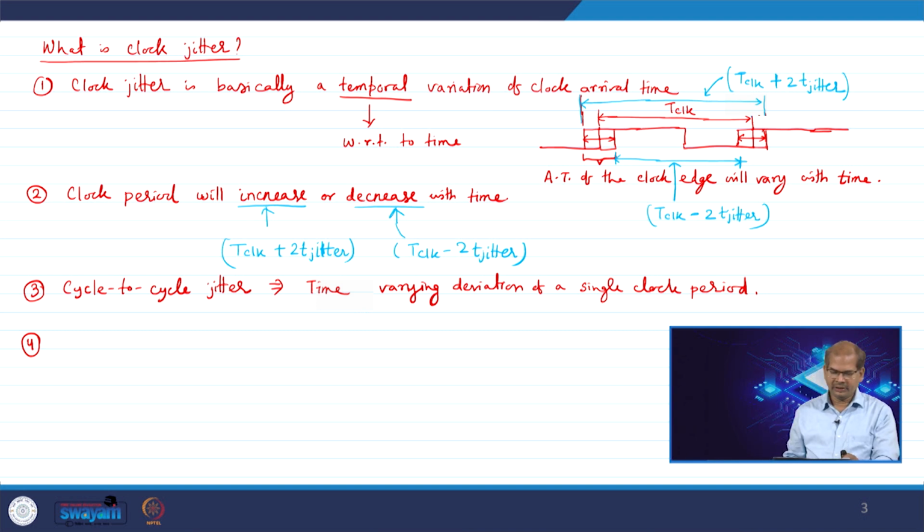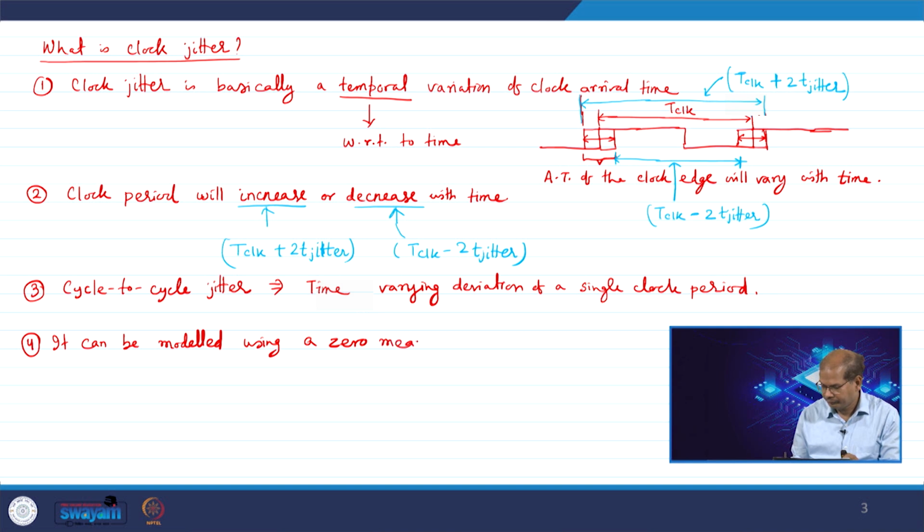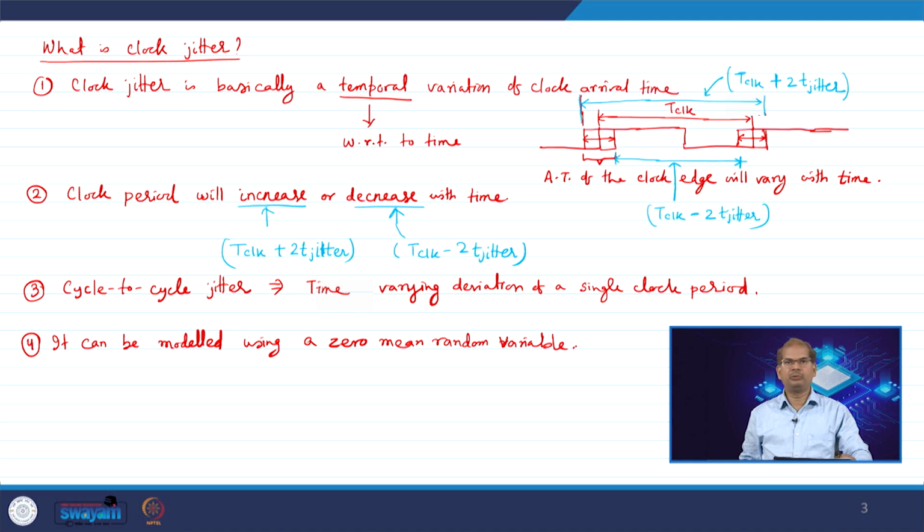We can model it using a zero mean random variable. It is basically not deterministic, so we need to take the help of random variables to model it.